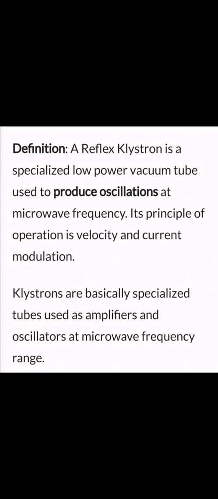A reflex klystron is a specialized low power vacuum tube used to produce oscillations at microwave frequency. Its principle is similar to the two cavity klystron amplifier, and that is velocity and current modulation.